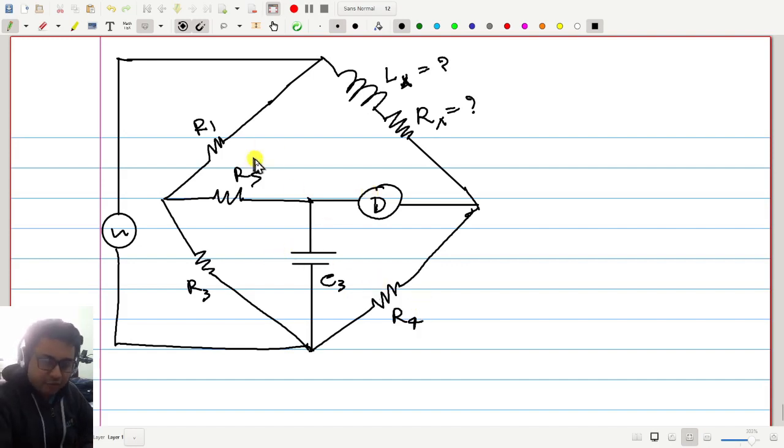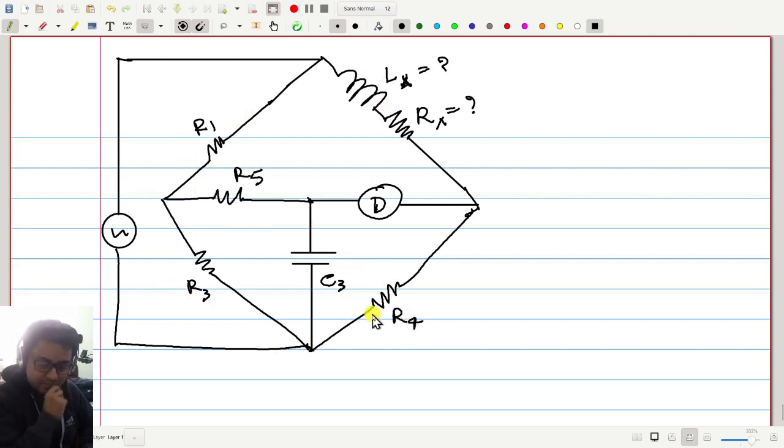Then I think we can apply the normal bridge equation. So you mean this thing, one arm completely? Yes, sir. And then you divide R1 by this thing, this by this.